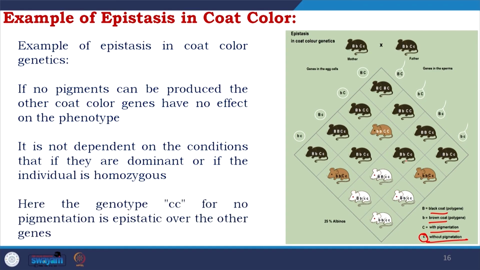Here the genotype cc for no pigmentation is epistatic over the other genes. If you see here bb, that is albino, which is for brown. When you have black and brown, they are also albino. When two B for black coat, they are also albino, and so on. So, in all the combinations, when there is no pigmentation, it dominates and makes them colorless, that is the epistatic effect.